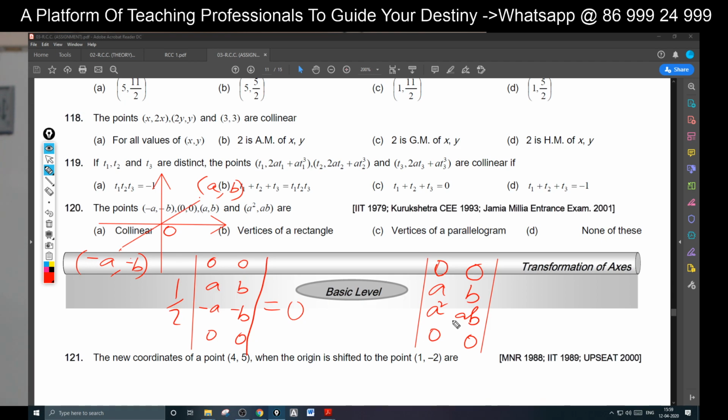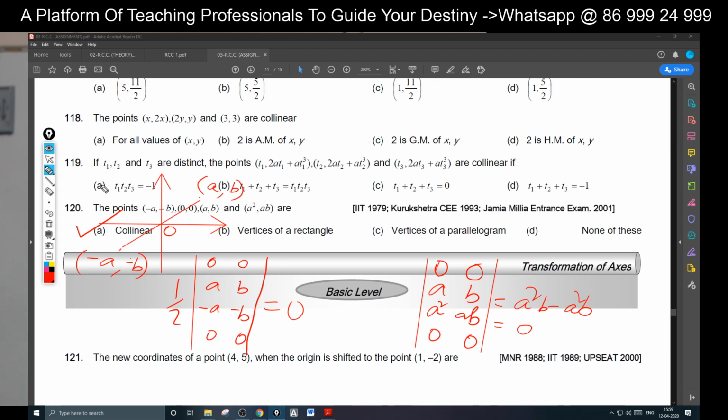What is it that you are getting? You are getting 0 here also from this. a²b, this is anyway 0. This is a²b minus a²b, which becomes 0. So they are collinear. They all lie on the same line.